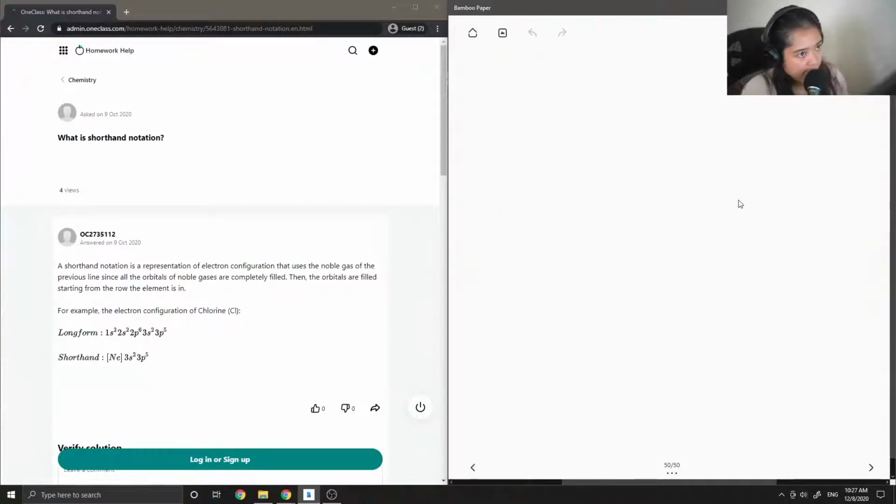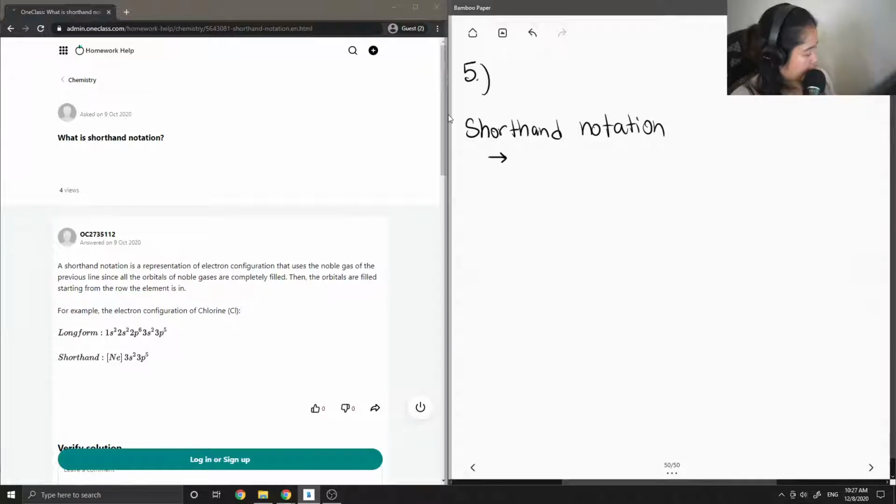Okay, so question 5. What is shorthand notation? So shorthand notation is used for electron configuration.